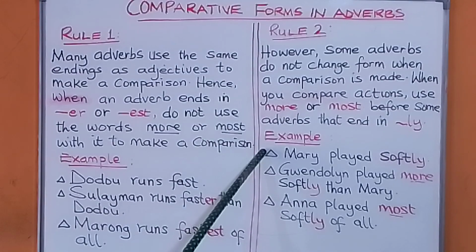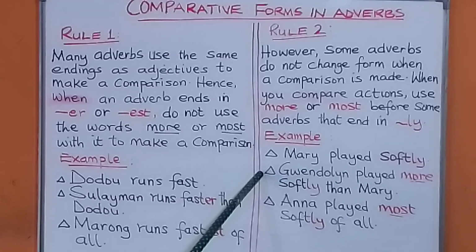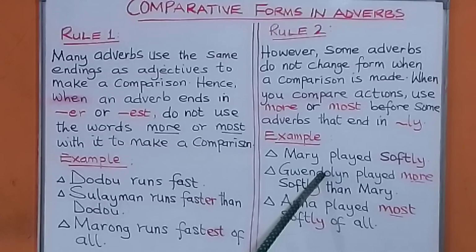Now, when you look at the first sentence, softly describes how Mary played. In the second sentence, the word more is added before softly to show how Gwendolyn's playing is being compared to Mary.